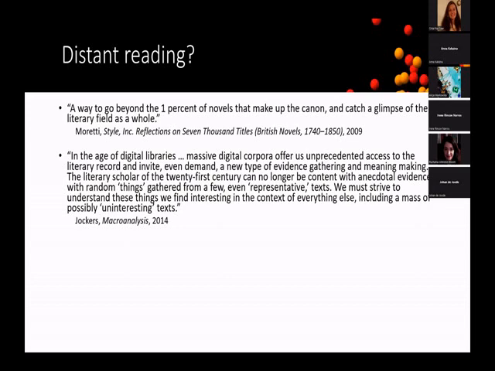And that is, of course, a very anti-canonic approach to literature. I understand Jockers would like to simply read everything.